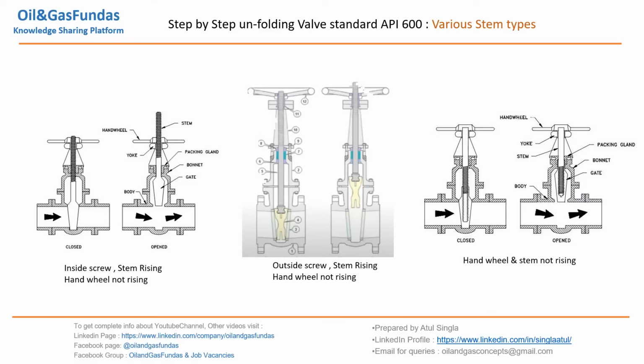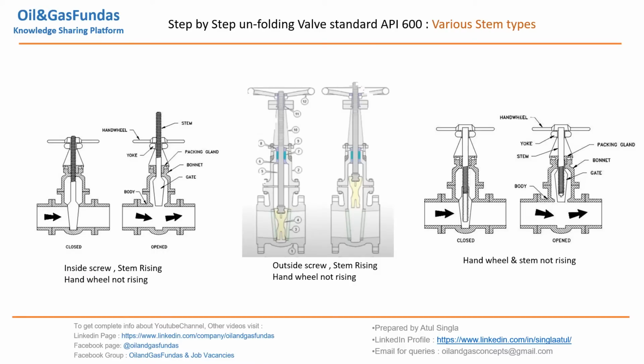So now let us see how API 600 describes the various stem types which can be there in a gate valve, based on the requirement. Let us see this type. This is inside screw, stem rising, handwheel not rising.